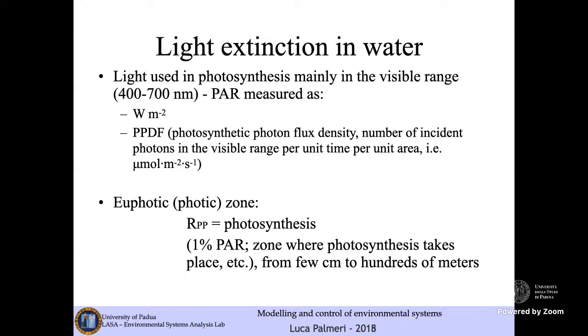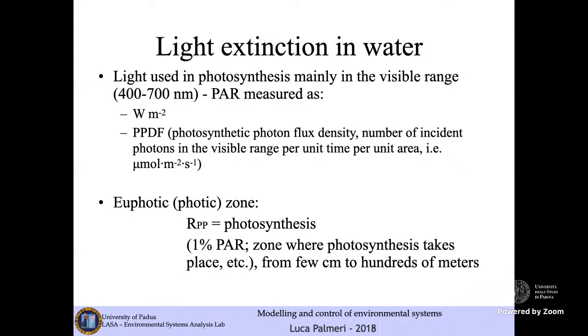Photosynthetically active radiation is measured as an energy flux density, watts per square meter, and may also be measured in terms of photosynthetic photon flux density, PPFD, that is the number of incident photons in the visible range per unit time, per unit area.